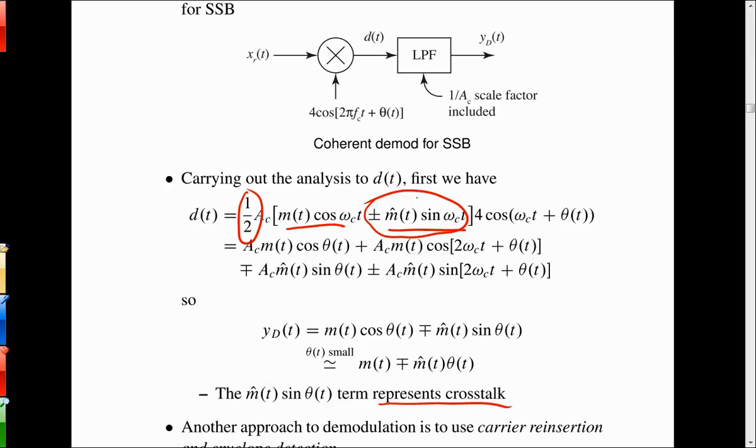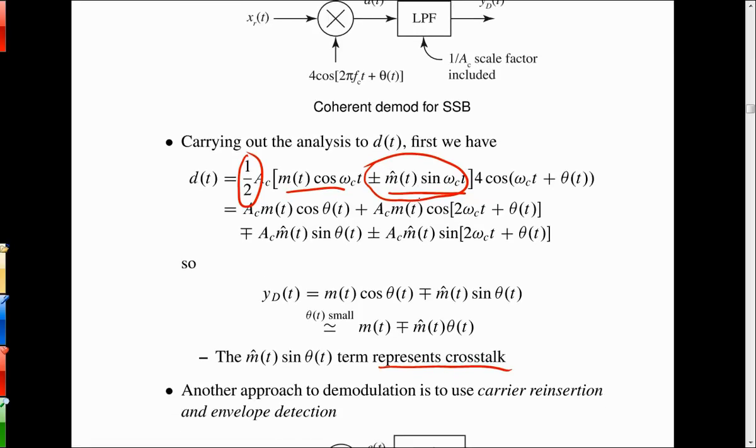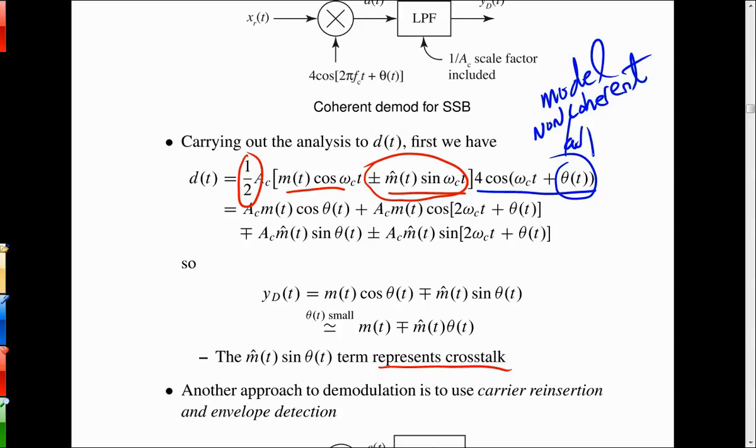So you go through the math of multiplying by the coherent reference, which is this guy over here. And now I've already built this up, so I've got this factor. And this is thrown in to model it as, let's not do this twice.